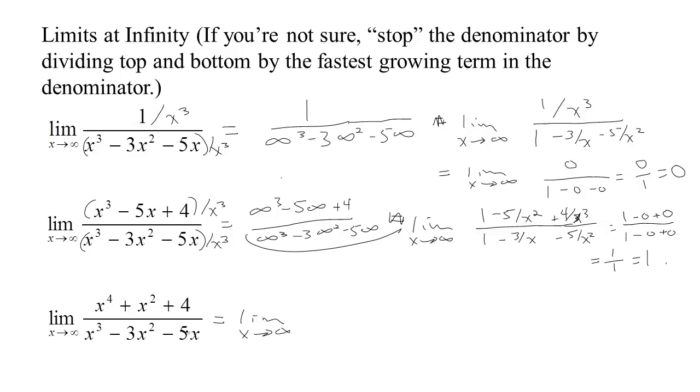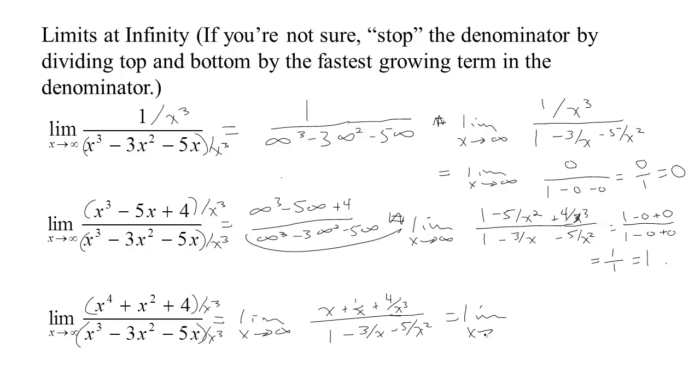So to stop the denominator, I'm going to divide top and bottom by the fastest growing term. What we get on top is x plus x squared over x cubed, which would be 1 over x plus 4 over x cubed. And downstairs we have 1 minus 3 over x minus 5 over x squared.